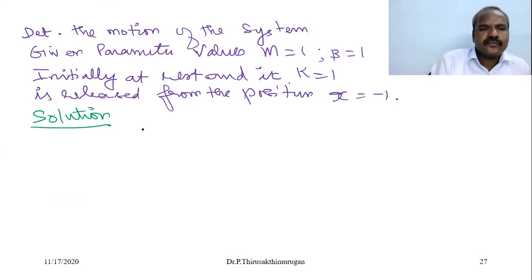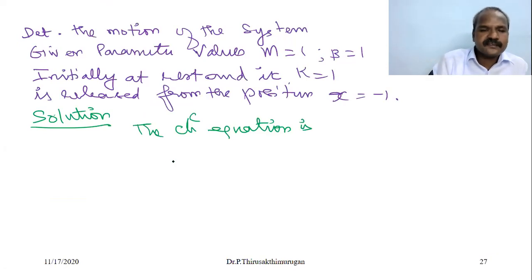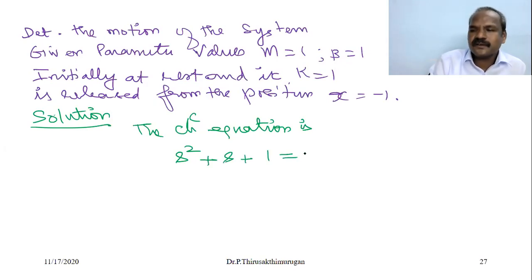Okay, so for this equation, the characteristic equation is: m value is 1, so s squared; b value is 1, so s; k value is 1, so equal to 0.